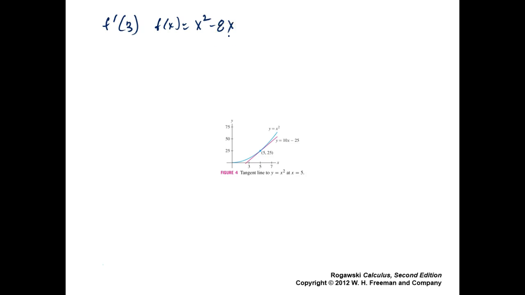Now again, this is not the easy way to do derivatives. Later we'll come up with a far easier way to do them, but right now we've got to go back and do it the regular way. So, we want to compute f prime at x equals 3, but we first got to compute what f prime is.